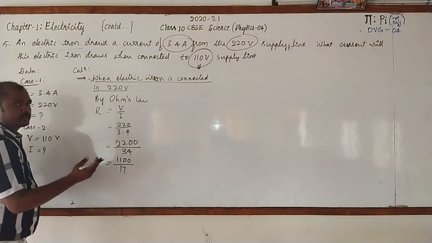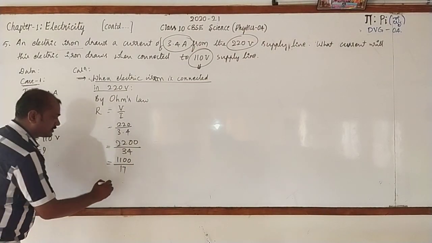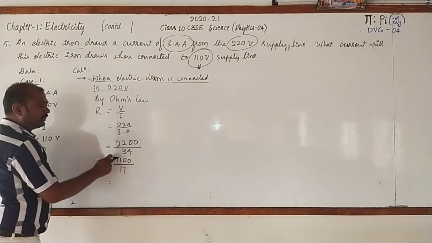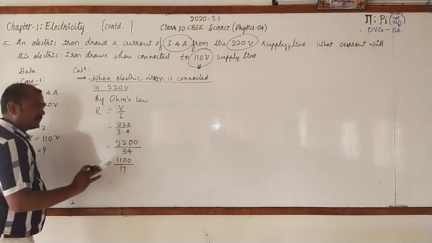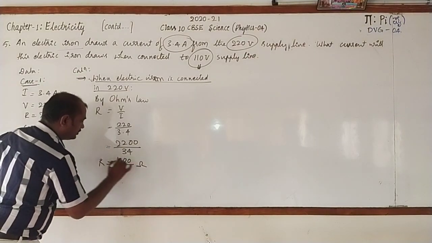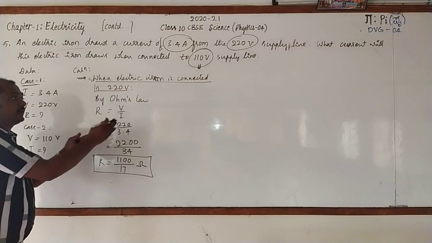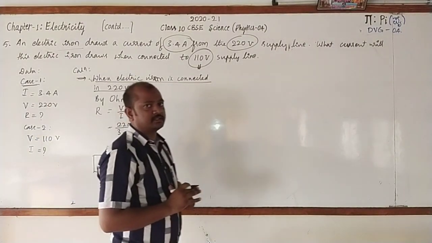You may express that in decimal form or not. It is left to you. If you want to express that in decimal form, you have to divide 1100 by 17. So let it be as it is. It may be helpful in the further calculation. So I have kept it as it is.